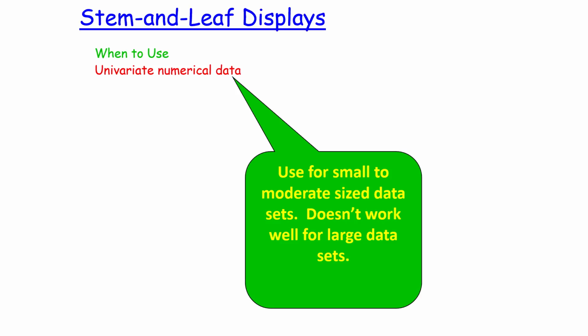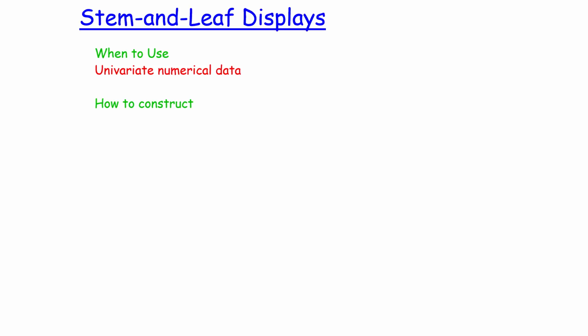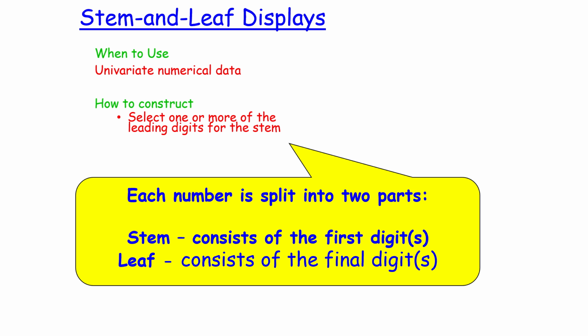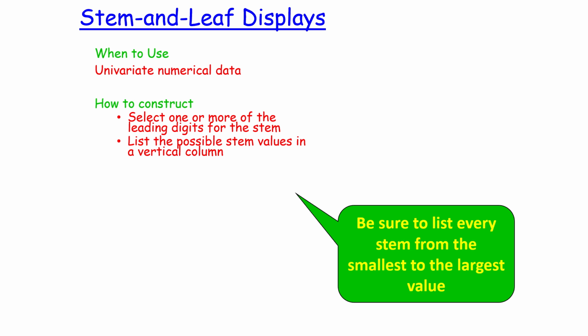Well, how do we construct it? We're going to select one or more of the leading digits for the stem. So each number is split into two parts. The stem consists of the first digit, or digits, and the leaf consists of the final digit, or digits. Now, we're going to list the possible stem values in a vertical column.